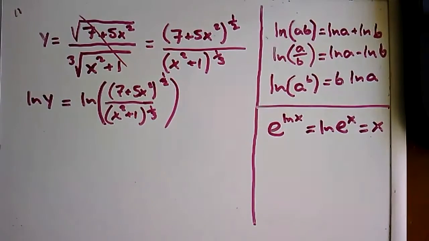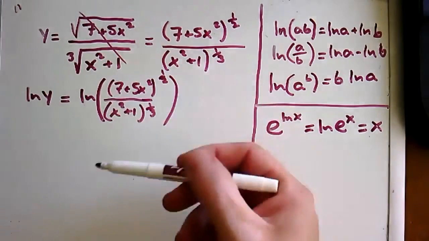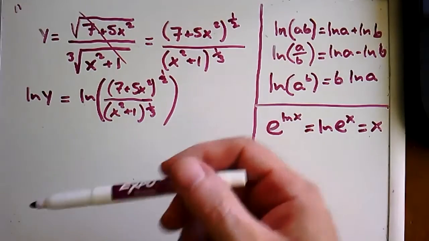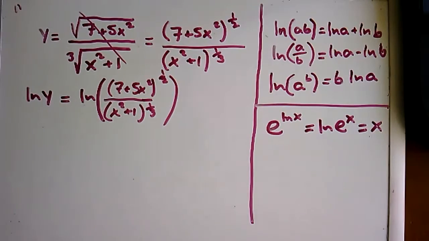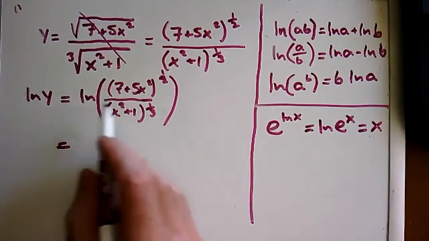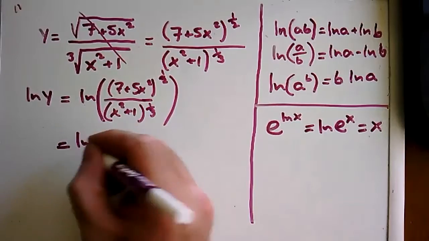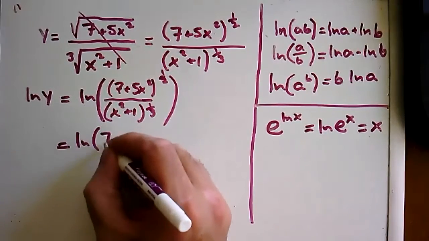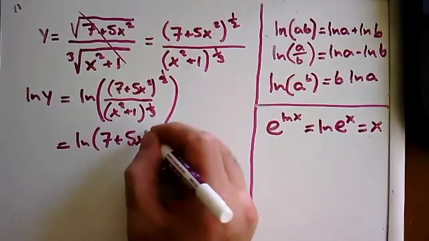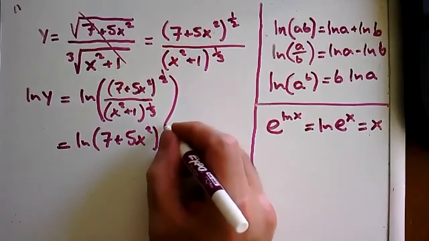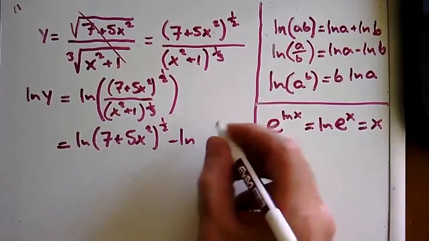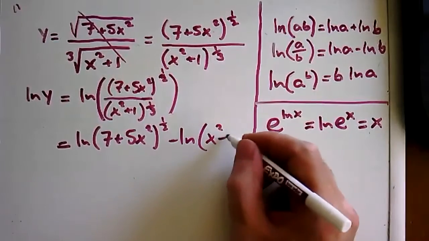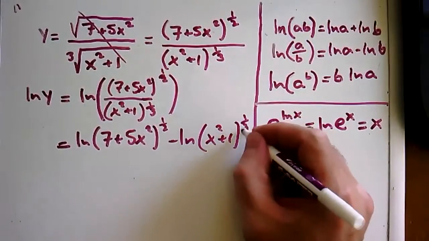Now this is where it gets interesting, because what we have on the right-hand side is the natural log of a quotient. And unlike the quotient rule of derivatives, the quotient rule of logarithms is actually pretty straightforward. It says we can rewrite this fraction as just 2 logs: natural log of 7 plus 5x squared raised to the 1/2 power, minus natural log of x squared plus 1 to the 1/3 power.